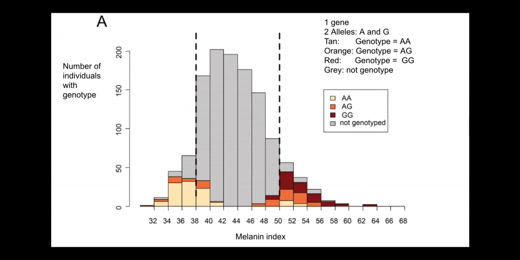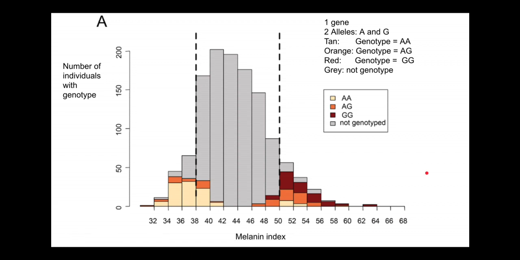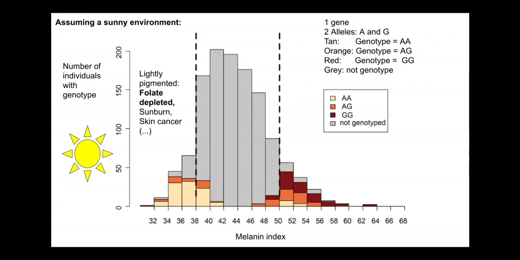We'll do this in the context of human skin pigmentation, again using the example of genes where, depending on the alleles you have for various genes, it determines how highly pigmented humans are. Now, assuming in a sunny environment it's more favorable to have darker skin, if you are lightly pigmented, you have a number of problems.